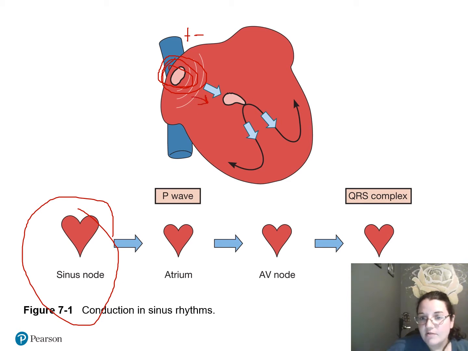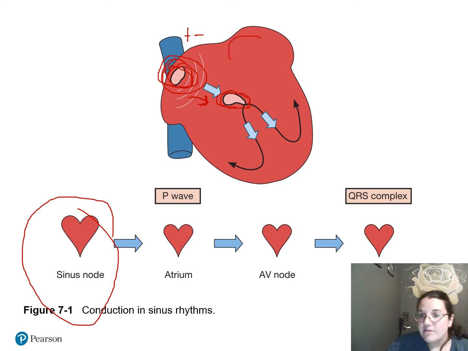When that impulse travels, this is known as your conduction system. It's going to travel the normal pathway of the heart, starting up here at the top and going from top to bottom. There, I want to reach my AV node, which is right here.